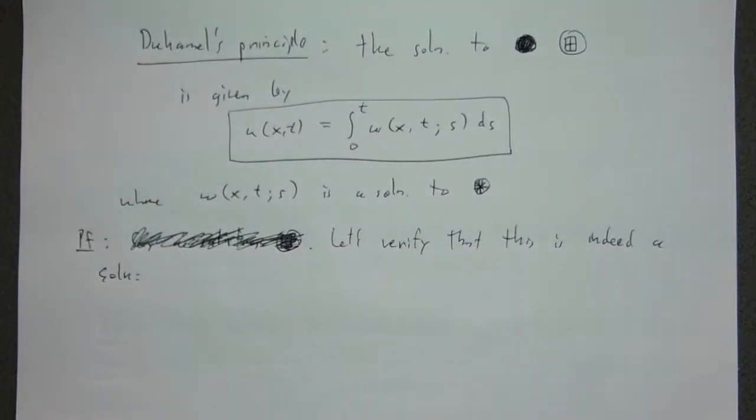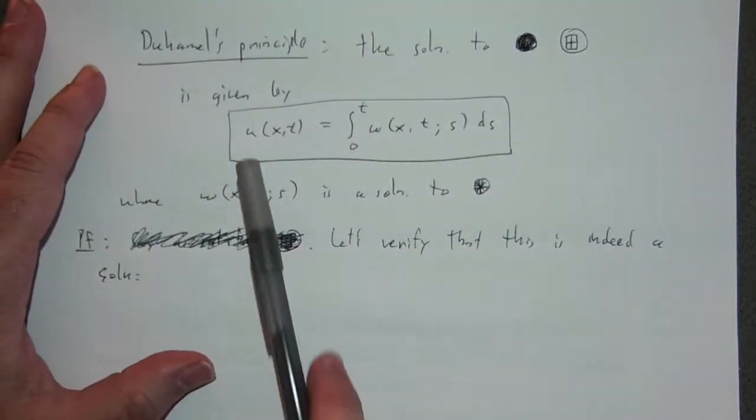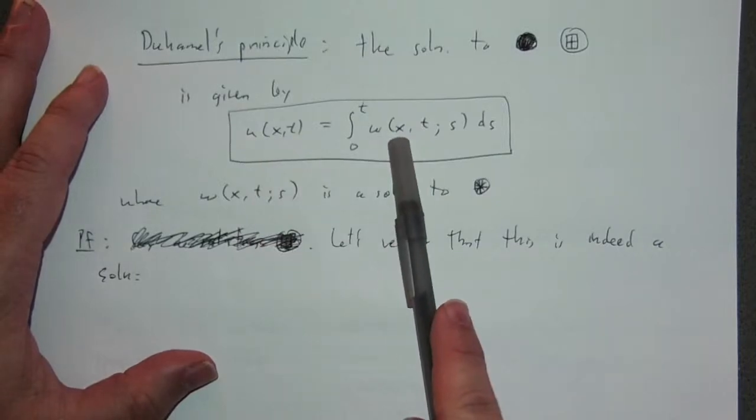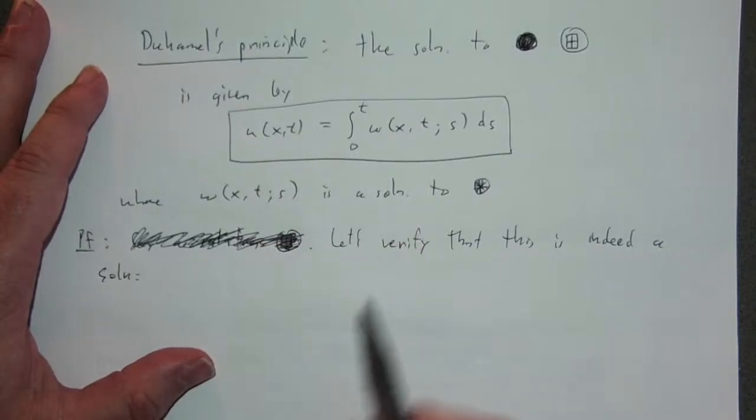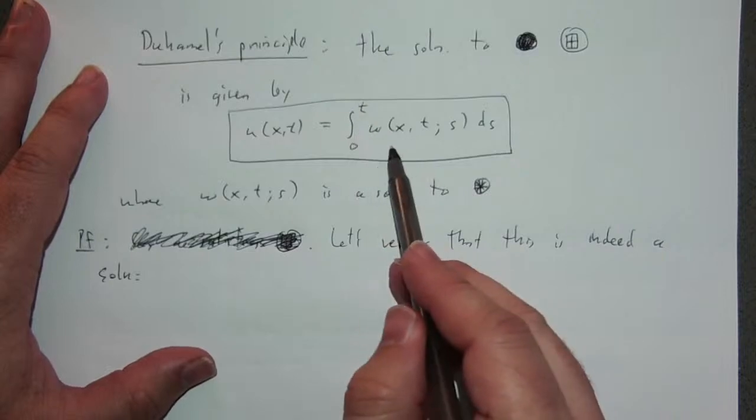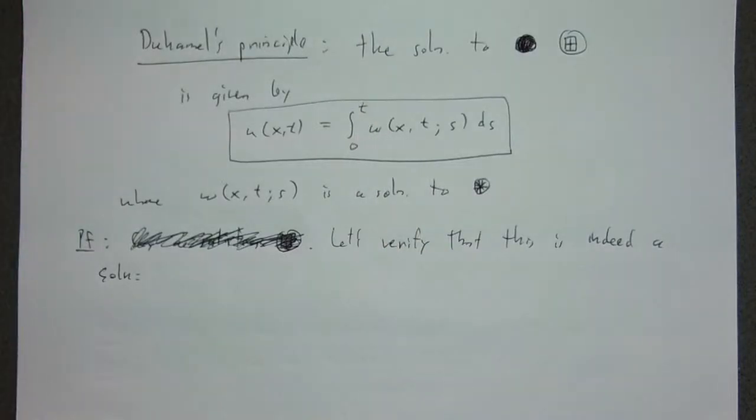Okay. So if I'm going to be taking derivatives with respect to x, I need to know how to differentiate under this sign. So what are the rules for differentiating under the integral sign? You can find these in the appendix.